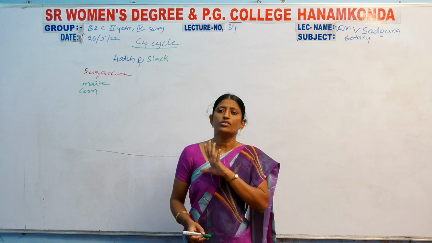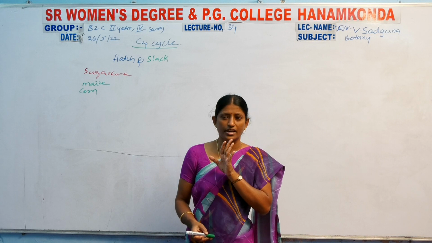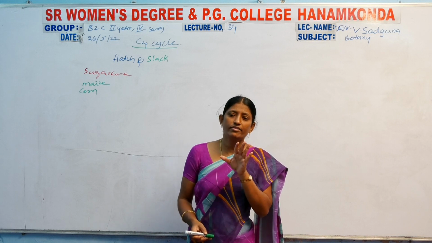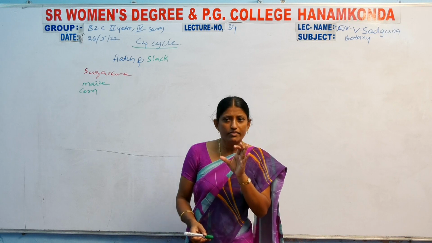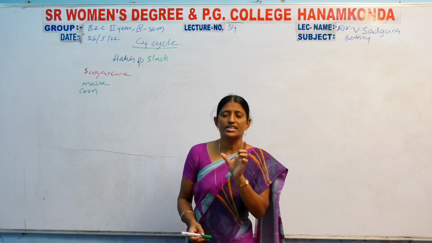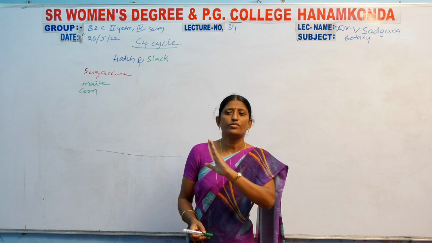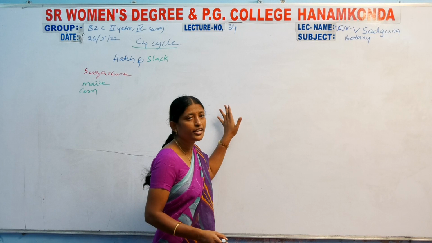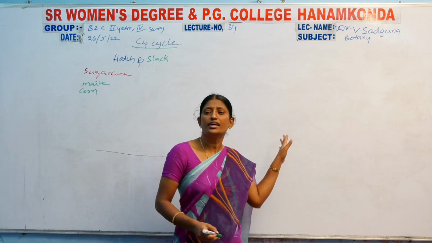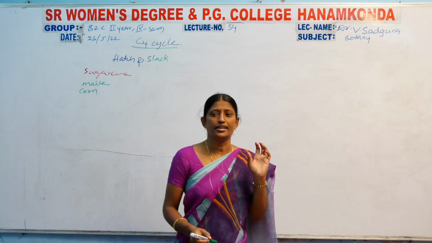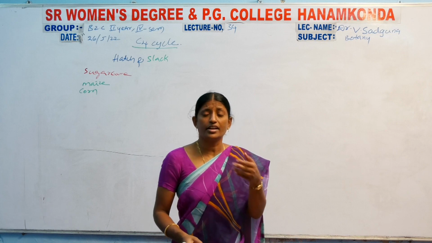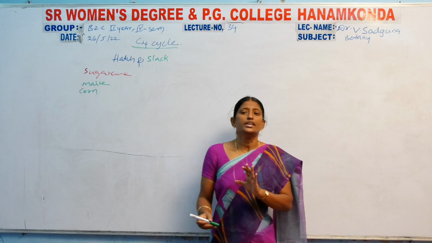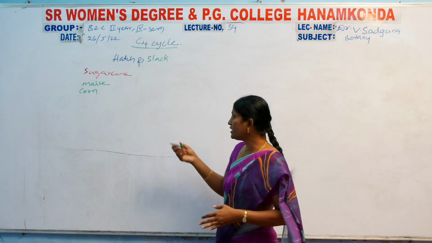It depends on the Kranz anatomy, because the C3 cycle doesn't have this; it involves a complete reaction mechanism of 12 types of reactions. But this kind of cycle, the Hatch-Slack cycle, involves Kranz anatomy.